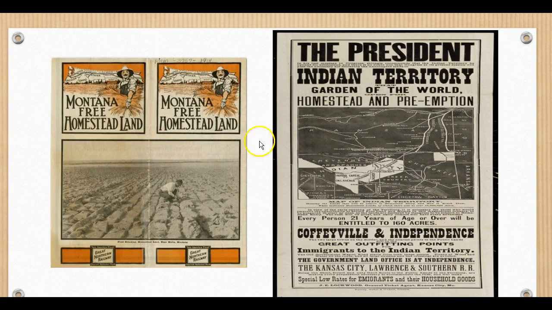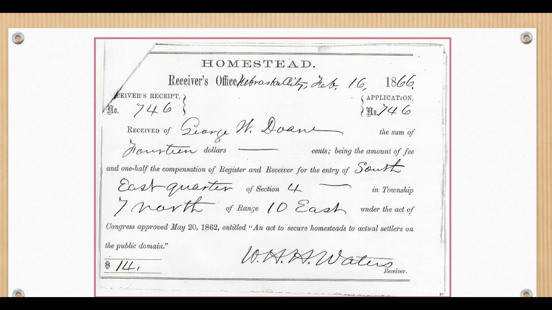So here are some ads about going west and staking your claim in this part of the country. This is another primary document, and it is an actual homestead claim.